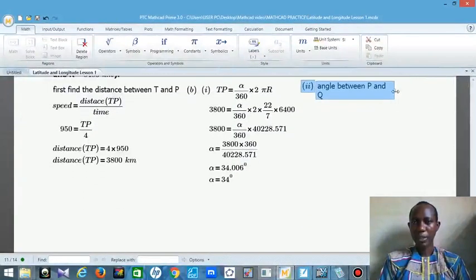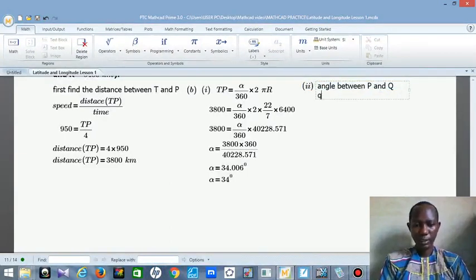The angle between P and Q is going to be theta. I need a mathematical operation. It's going to be theta equals 65 minus 15.